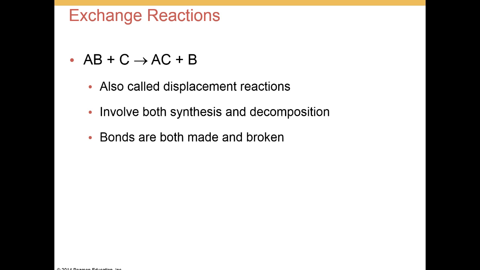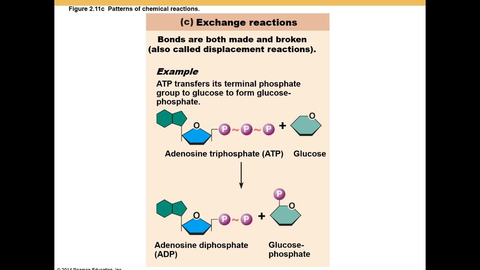Now, if we think of this, we're going to make some chemical bonds and we're going to break some chemical bonds. So AB, the B, is going to be exchanged for the C. So we have to break the bond between A and B and then form the bond between A and C, an exchange reaction.